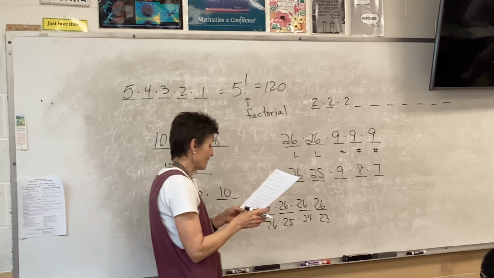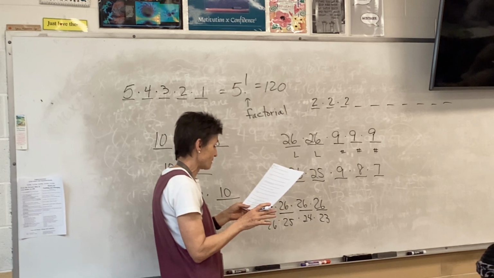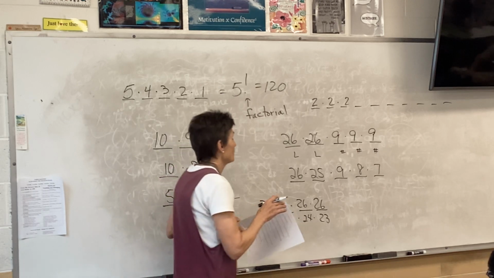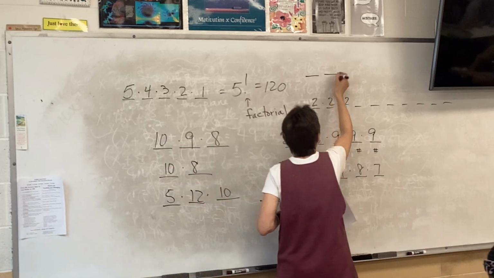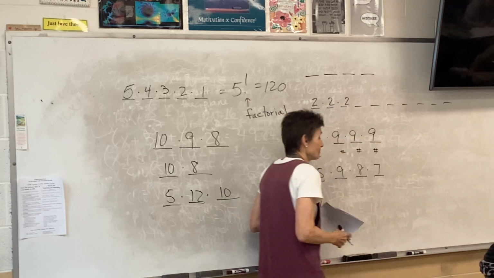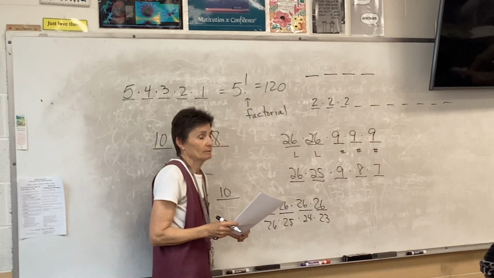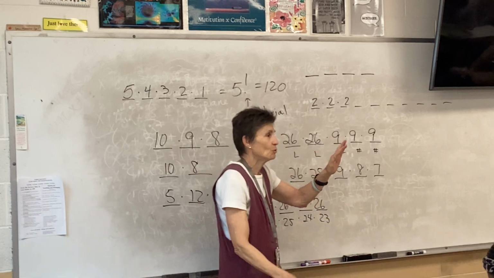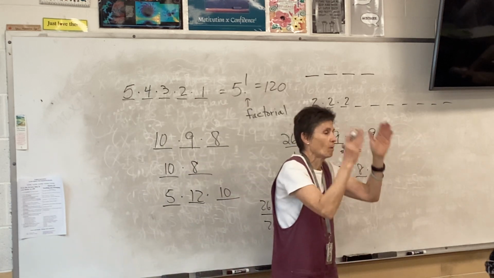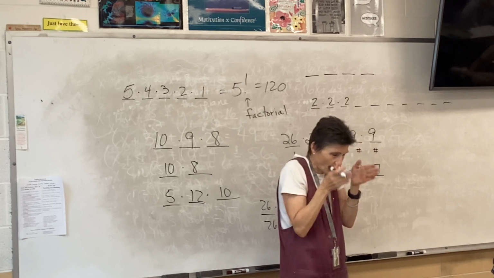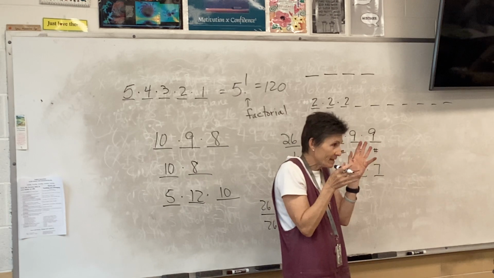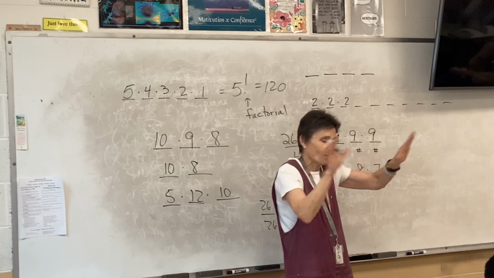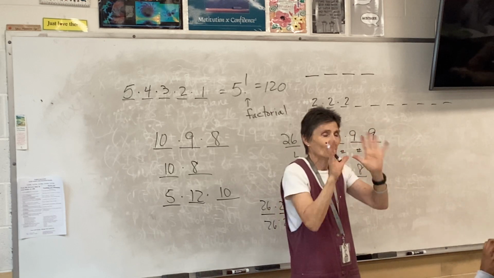Go back to number 11. How many 4-letter call signs are possible, but you can't use vowels? So we have 4-letter call signs, but we can't use vowels. All right, and in these problems, we're not going to do all the weird things. Normal. How many vowels are there, normal? 5. A, E, I, O, U, okay?